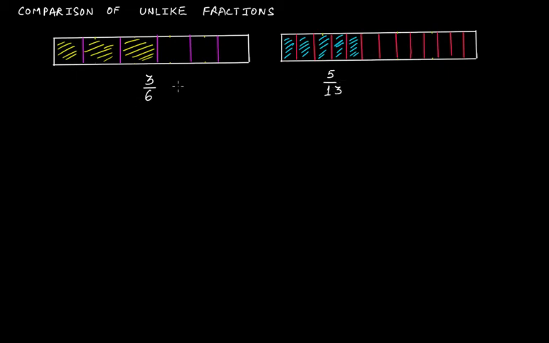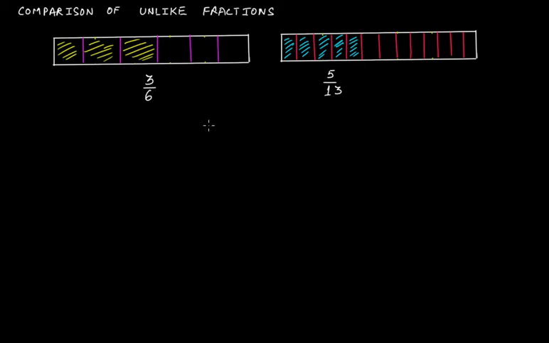The denominator is different, which makes it an unlike fraction, because this has been divided into 6 equal parts and this has been divided into 13 equal parts, and therefore these two fractions are unlike fractions.